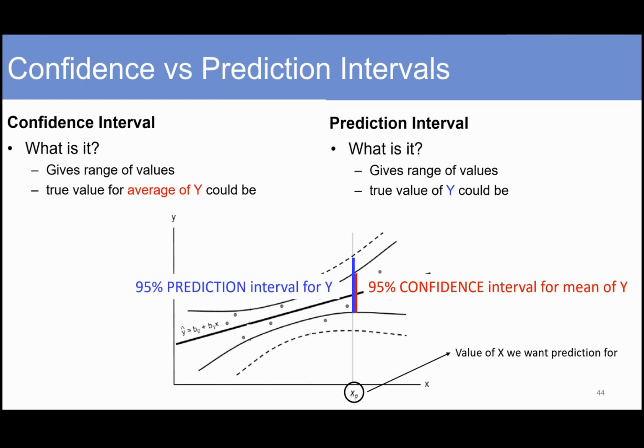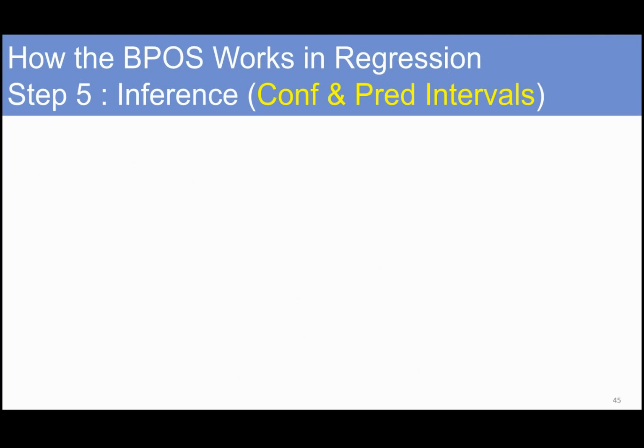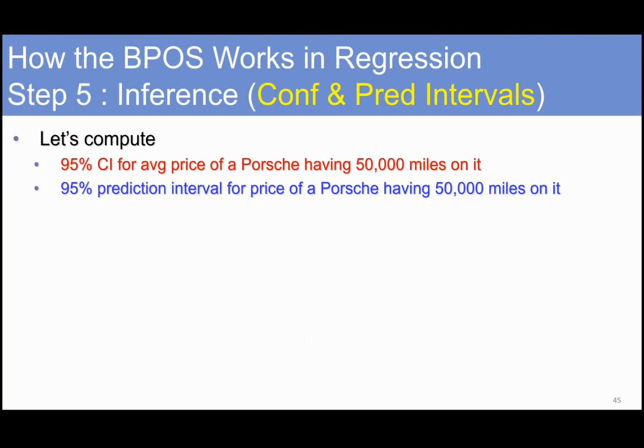So how do we do this? Here's how we do this in StatCrunch. Let's go back to the Porsche data set. What I want to figure out is the 95% confidence interval for the average price of a Porsche having 50,000 miles on it, and the 95% prediction interval for the price of a Porsche having 50,000 miles.